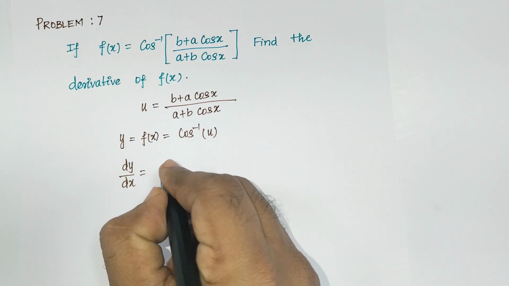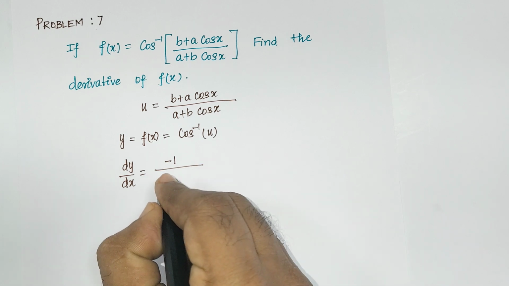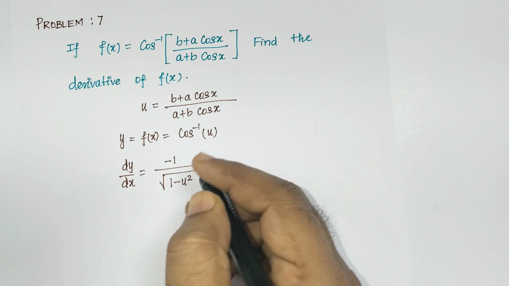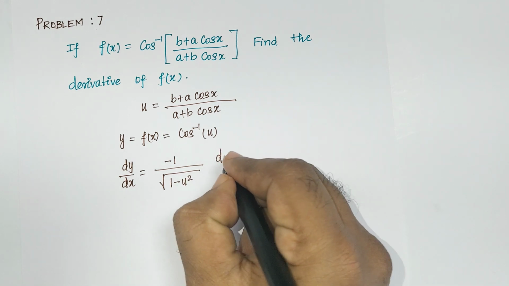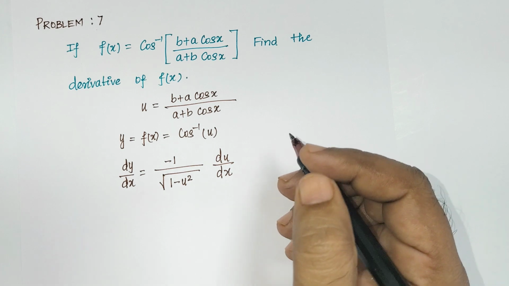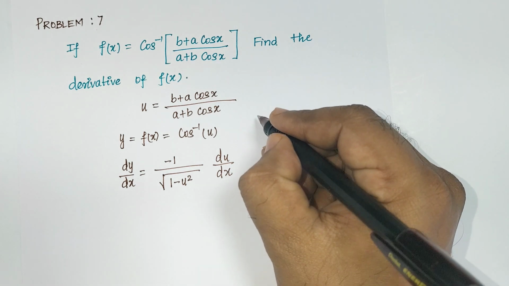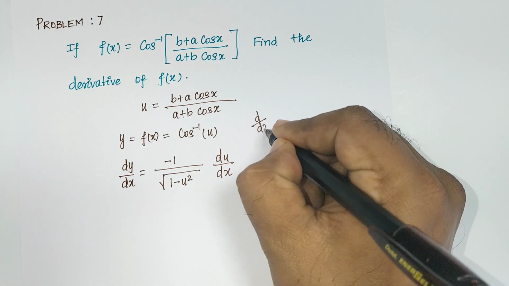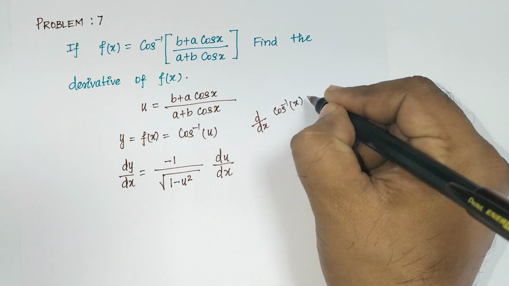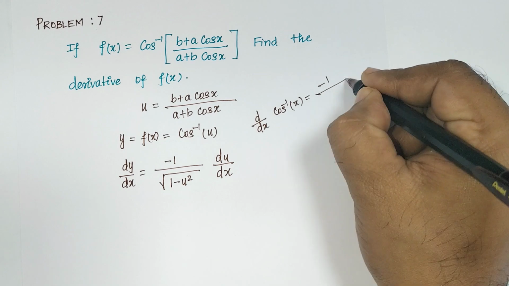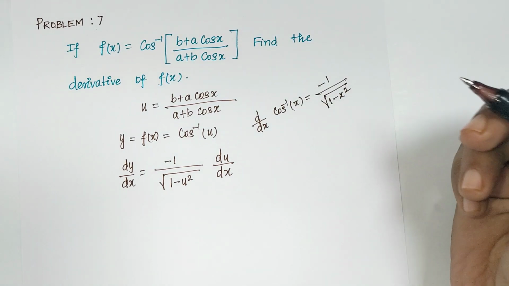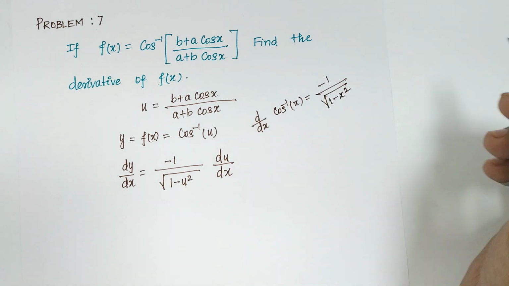The formula is minus 1 divided by square root of 1 minus u square, into du by dx. So here I substituted the formula d by dx cos inverse of x is equal to minus 1 divided by square root of 1 minus x square. Instead of this x we take u here.